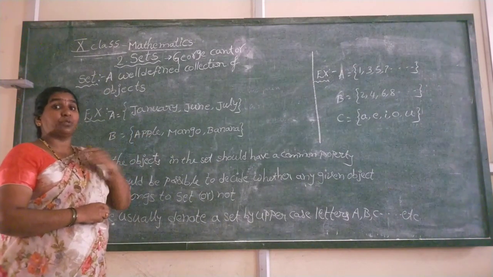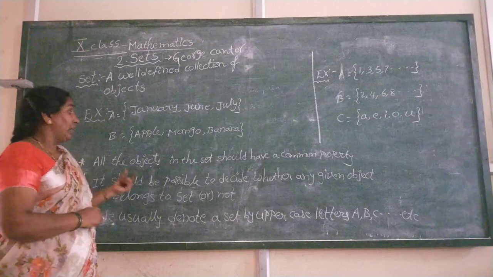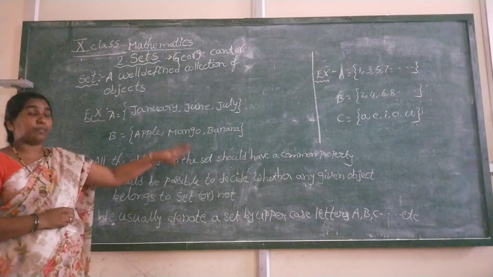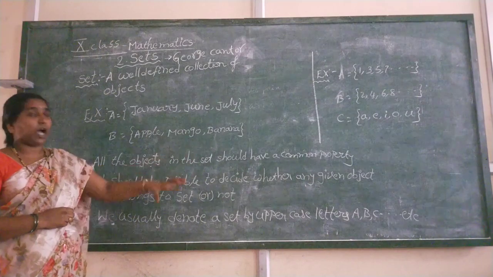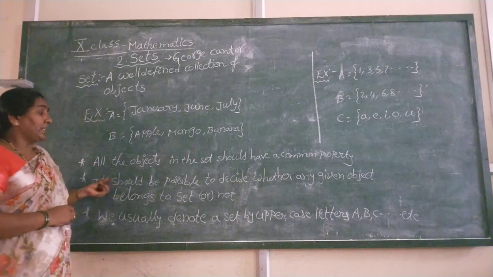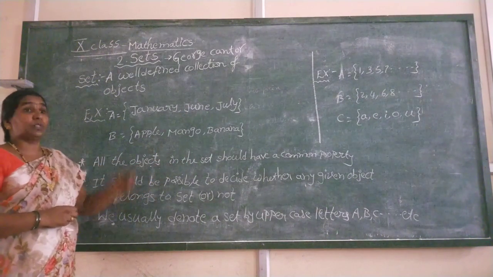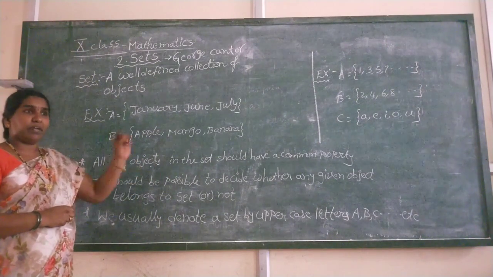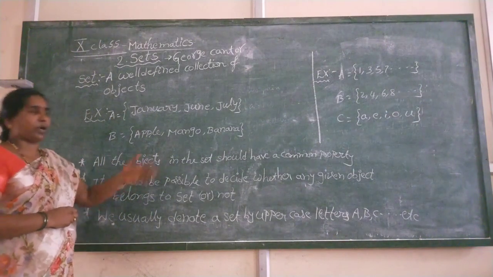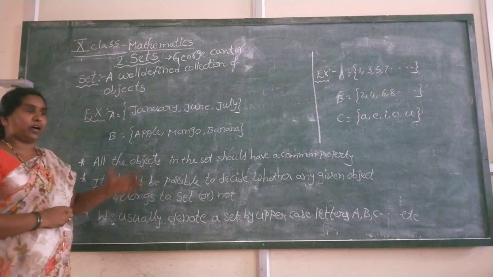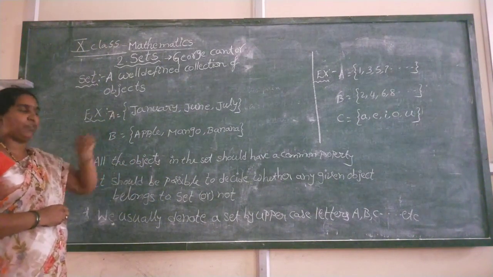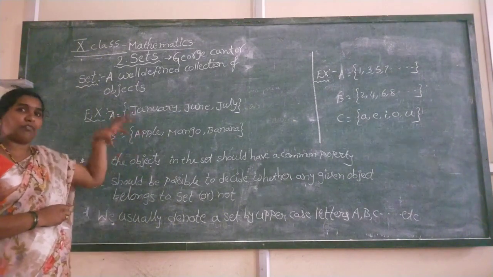All the objects in the set should have a common property, and it should be possible to decide whether a given element belongs to that set or not. That is the meaning of well-defined.